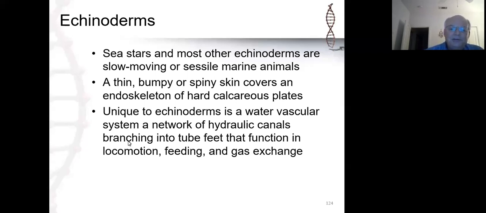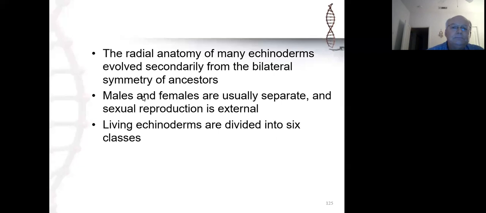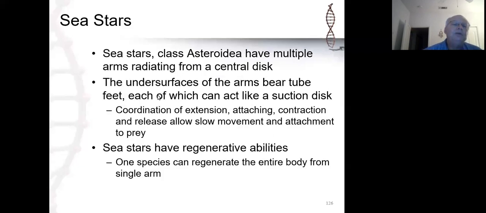Gas exchange is typically done through the skin or through a gill-like arrangement, but typically it's done through the skin. So when we take a look at the classes to which phylum Echinodermata has been divided, there is, depending on which resource you look at and who did the classification and when, possibly 5 or 6 classes.